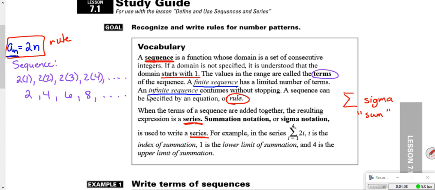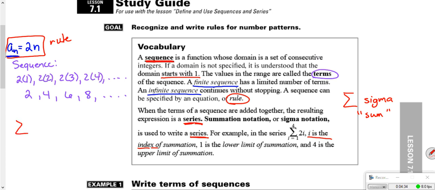So in summation notation or sigma notation, we have an index. I is the index, you see that here. So we've got this sigma notation, i equals 1 up to 4 of 2i. I didn't even realize it when I came up with the rule over here.